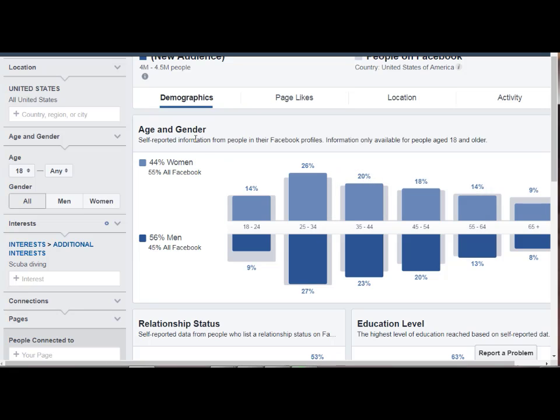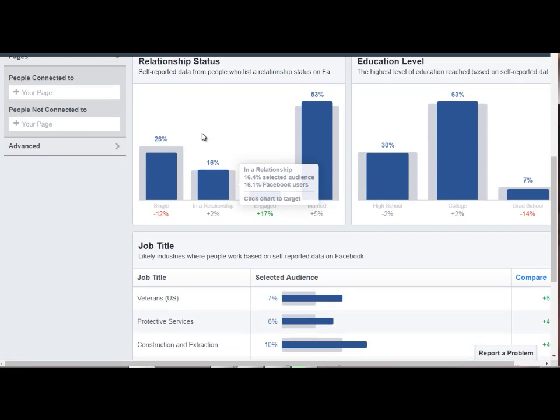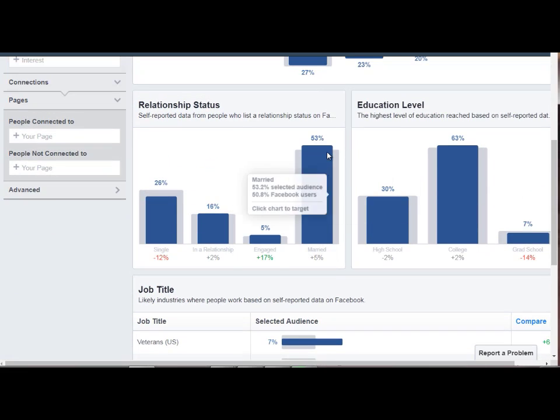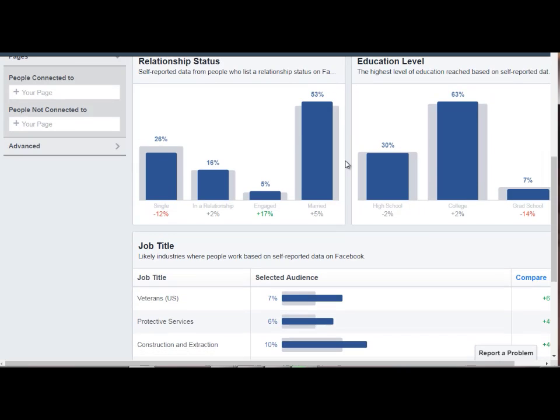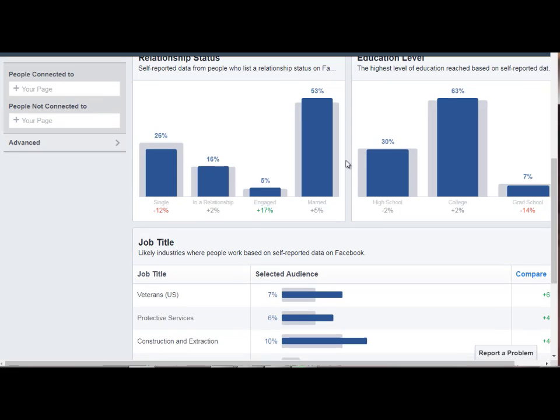Now, bear in mind that doesn't necessarily mean that they are buyers yet, but this helps you paint the picture. Now, if we scroll down a bit, we can see that the majority of these people that are interested in scuba diving are married, and they have at least a college education level. So this is a well-educated group.